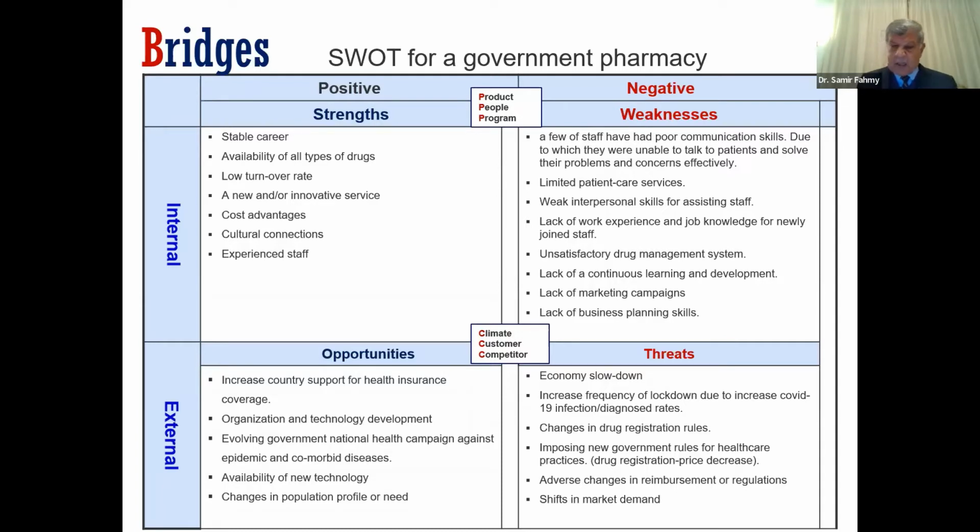Lack of business planning skills, and this is one of the programs that I consider a value-added program from Cinfa Academy for an institution.